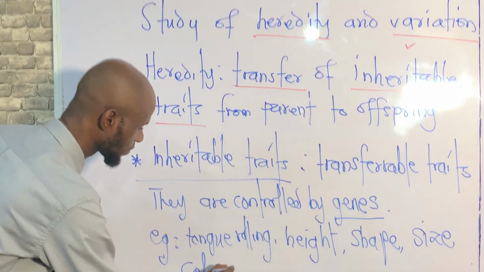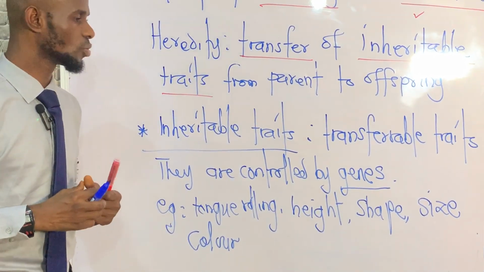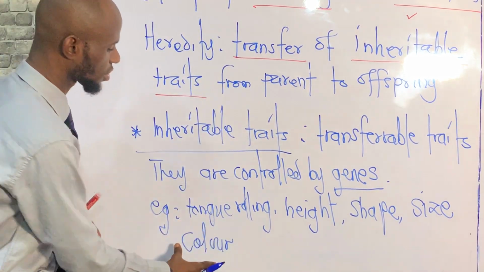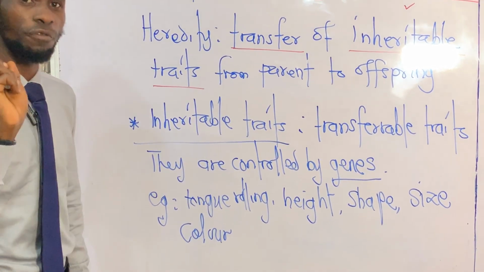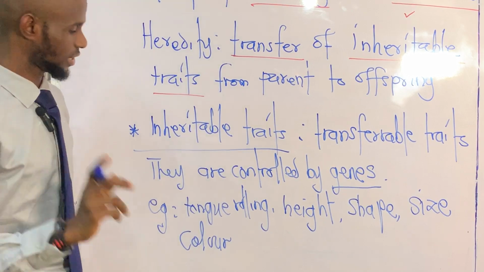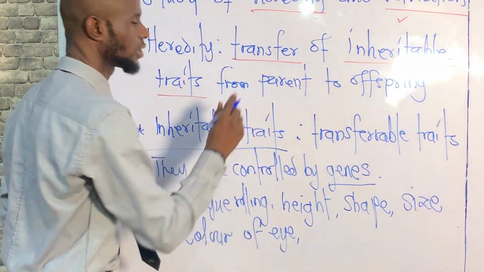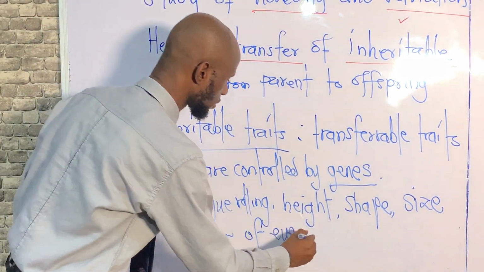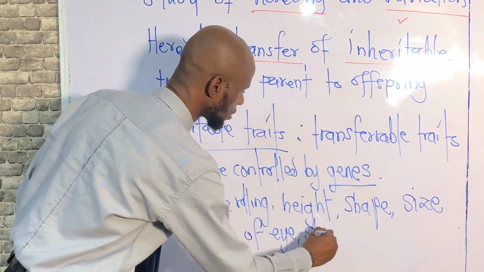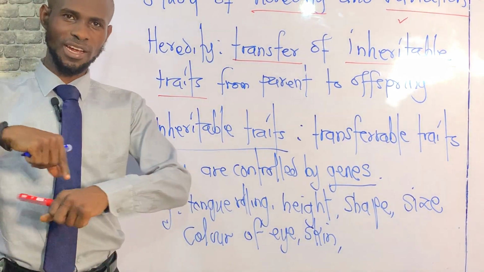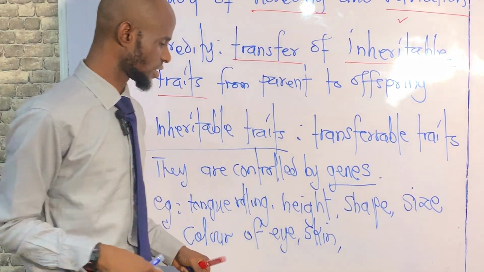Yes, it's becoming interesting because I'm not making it expand too much. So we have colors, different traits under color. For example, you have the color of the eye, the color of the skin, you can transfer that. In fact, you can also transfer the color of the hair that grows on the skin.